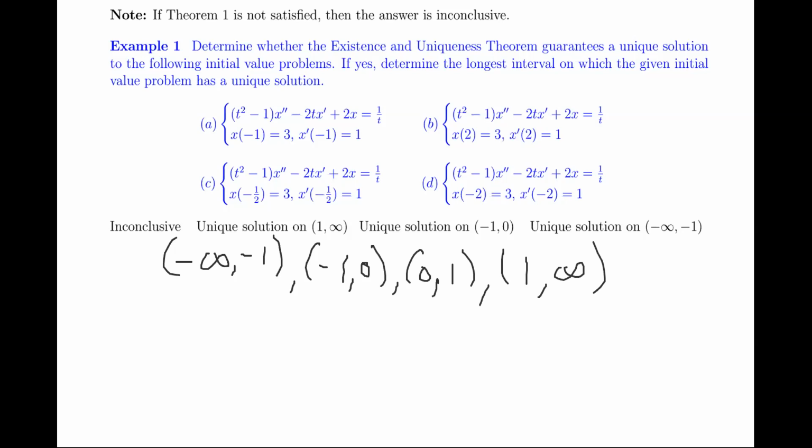If we look at this first one, our t naught is negative 1. And notice that we don't have an interval in which negative 1 lies. Both of these imply that negative 1 is not in the interval. So for part A, our answer is inconclusive.